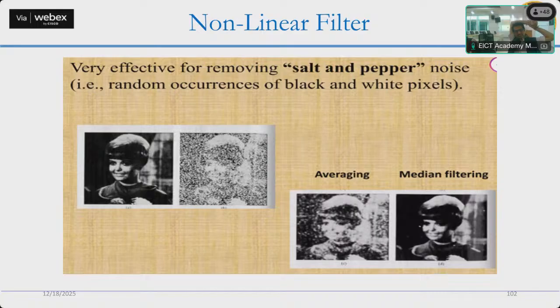What we are saying in this part is that these black and white spots are there. Here you can see this is your salt and pepper noise, and when this is there and you do the averaging, what happens? Averaging will bring the impact of the surrounding neighborhood. So you will get this type of image.